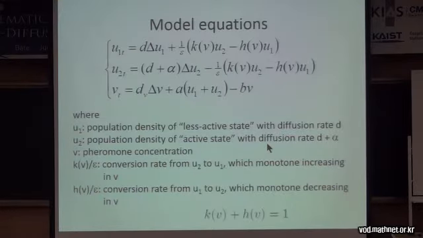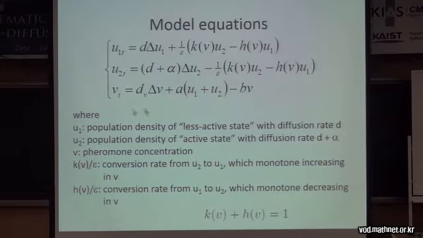Then we get this kind of mathematical model. U1 is the population density of the less active state, and U2 corresponds to the active state. The active state means the diffusion ratio is rather large compared with this one, plus some positive constant alpha. And they change from one phase to another by this.